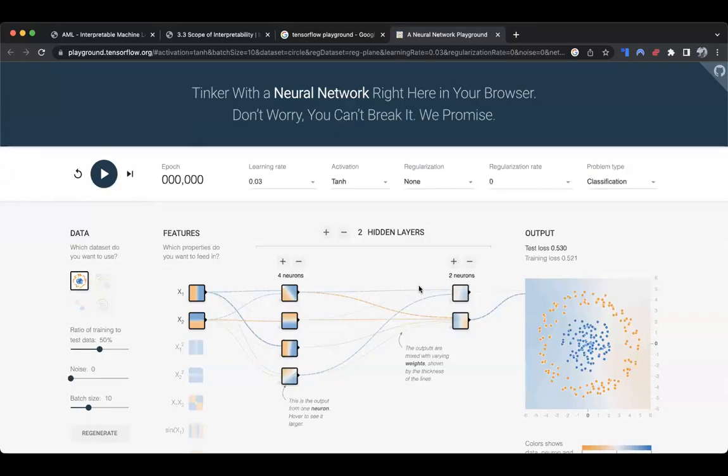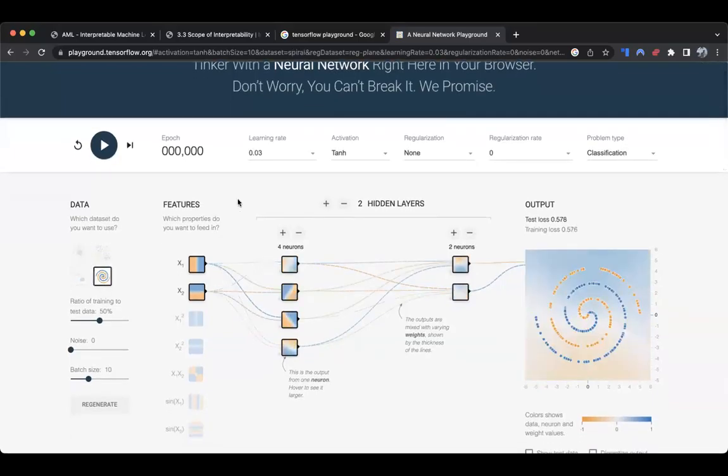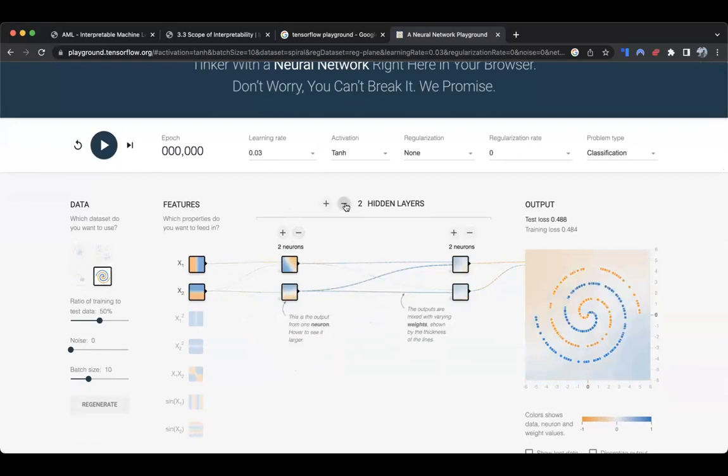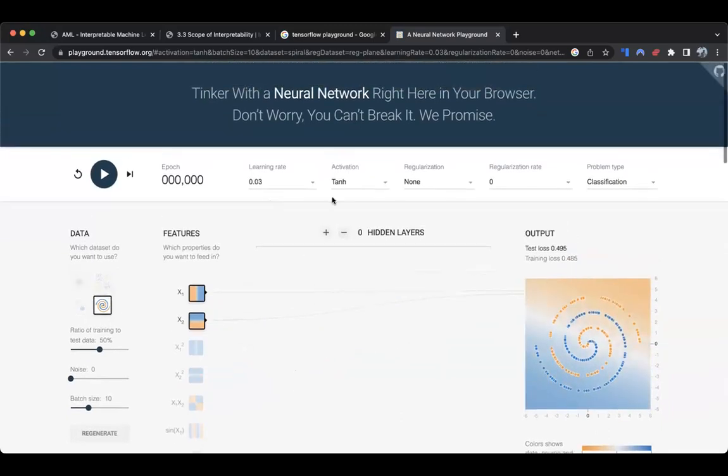Do you guys already know this TensorFlow Playground? Kinda, yes. Have you experimented? Let me show. So let's take, for example, this kind of data set. If we use a linear model like this, and we try to train it, you will see that it does not make any good predictions.